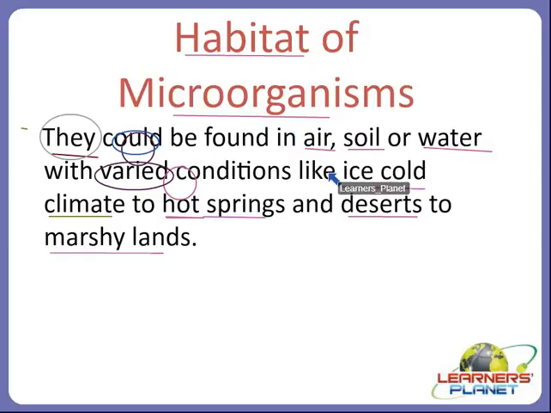In short, microorganisms can be found in air, soil and water with all kinds of varied conditions, with respect to temperature, moisture, acidity, salt concentration, and so on. Whatever physical conditions are existing, these variations are observed in terms of the type of organisms living over there.